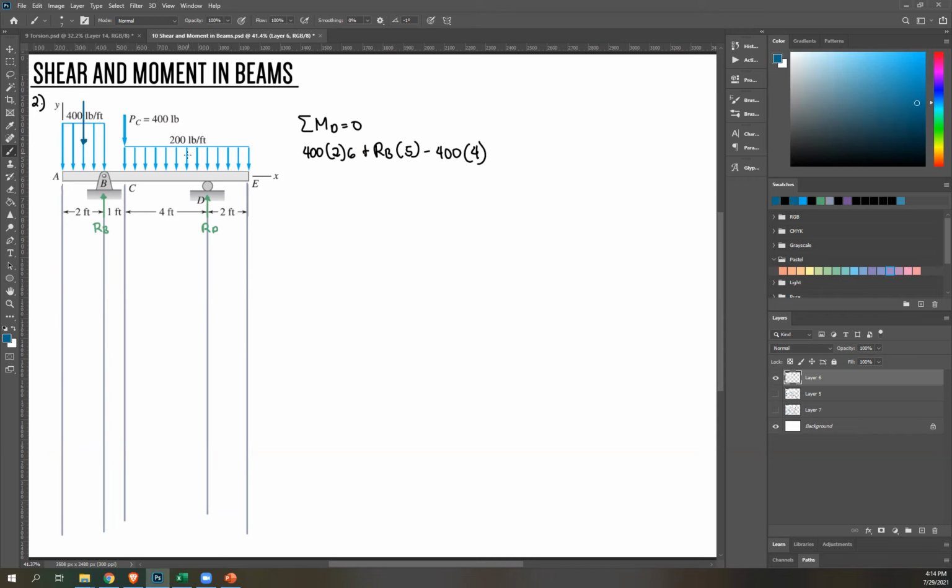So same thing, let's convert this to a point load at the center. And then rotate this about D, that's counterclockwise, so negative 200 times total length. So that's 4 plus 2. So that's 6. And then distance of this point load. So total length of this is 6.